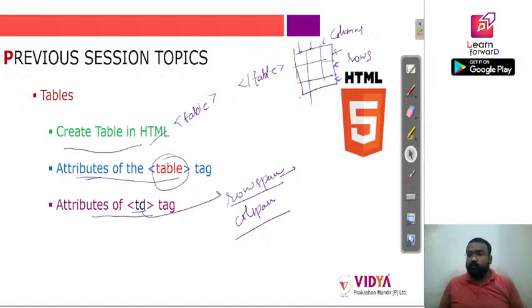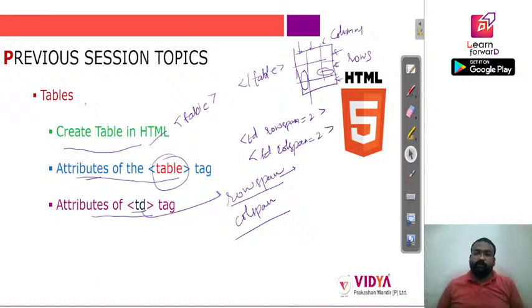Let's suppose we want to merge these two rows, so we will do td rowspan equal to 2, while if we want to merge these two columns, then we will write td colspan equal to 2.